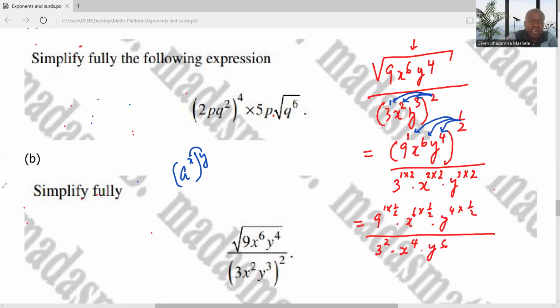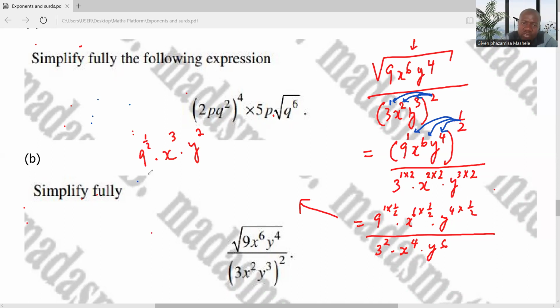So let us simplify, guys. I'm trying to show all the steps to accommodate everyone. So this will give us 1 multiplied by half. This will just give us 9 to the power of half times x to the 6 multiplied by half is 3, y to the 4 multiplied by half is 2.